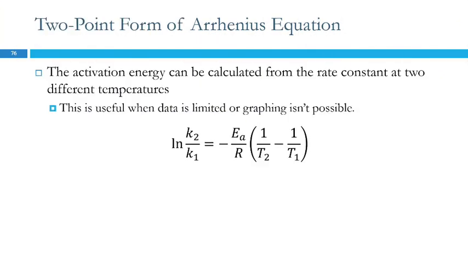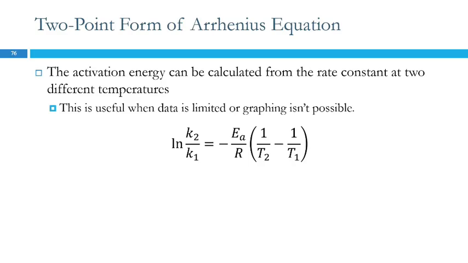Well, what if you don't have the luxury of being able to do an experiment and find all these points? We can use a 2-point form of the Arrhenius equation. How you go from the Arrhenius equation to the 2-point form is more than most of you want to know.